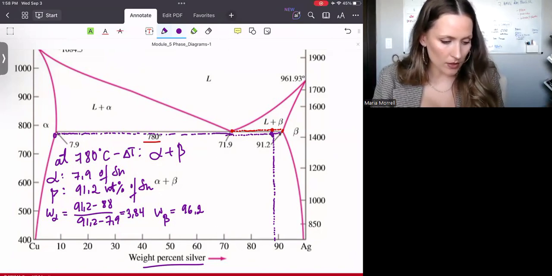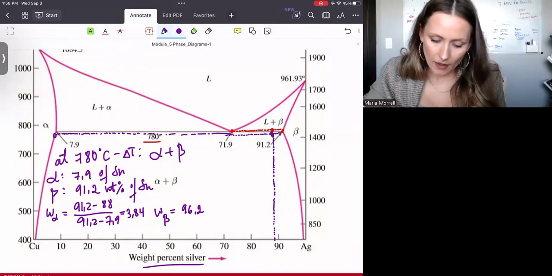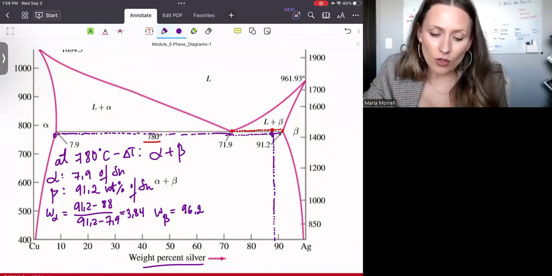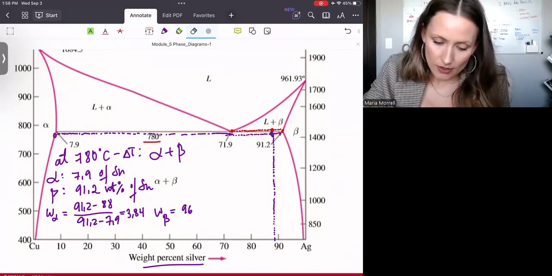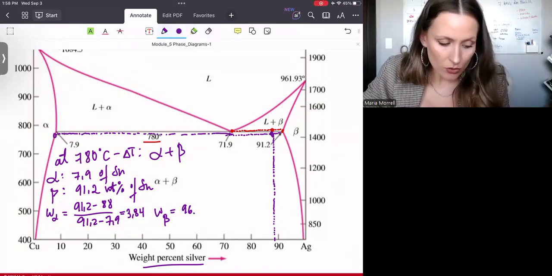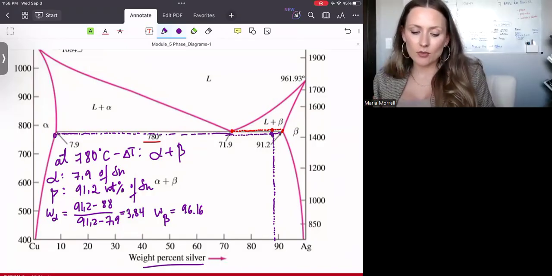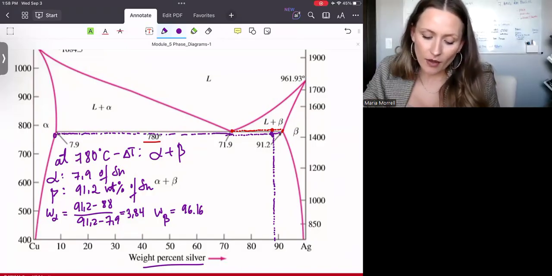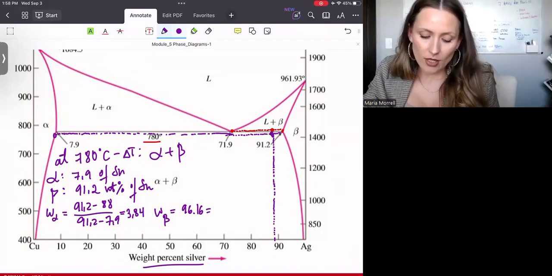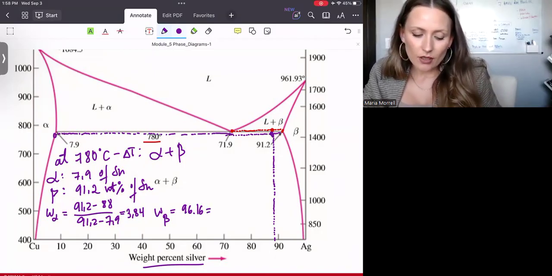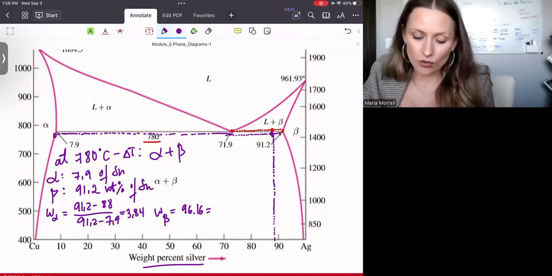Oh, okay. I just realized that I'm keeping two significant digits, right? 96.16. Okay, so I decided to keep two significant digits for my fraction of solid phase alpha.